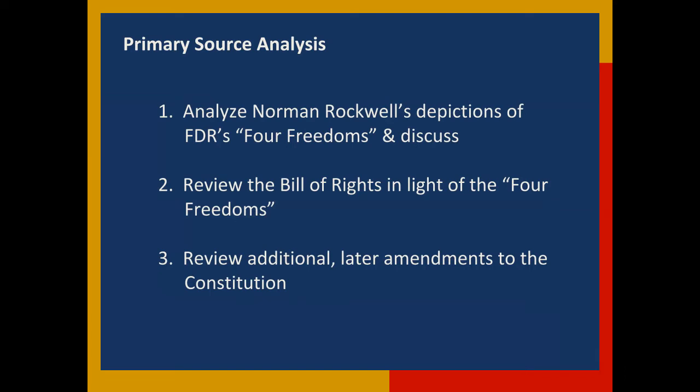And finally, they're going to review additional later amendments that also are important when we discuss individual rights and freedoms. And once you've introduced this idea of constitutionally protected freedoms, students are really going to look at these primary sources with an eye towards encouraging a process of inquiry. And with that, I'm going to turn it over to Julie to talk to you more about that.